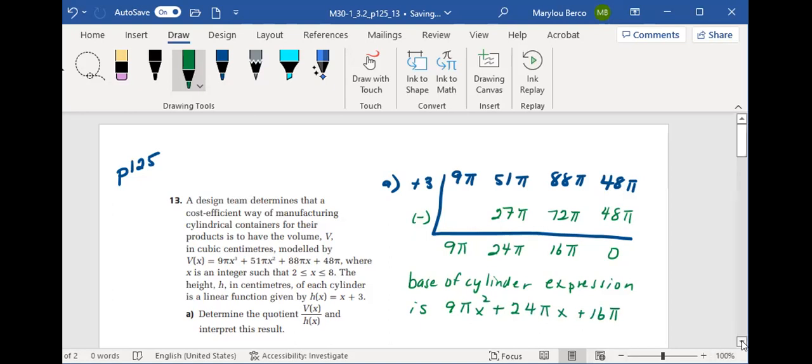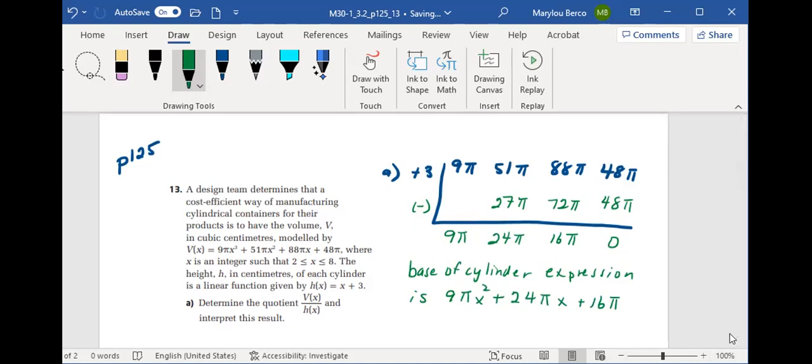So it's the area of the base of the cylinder container. Okay.